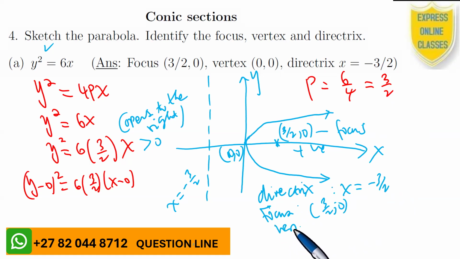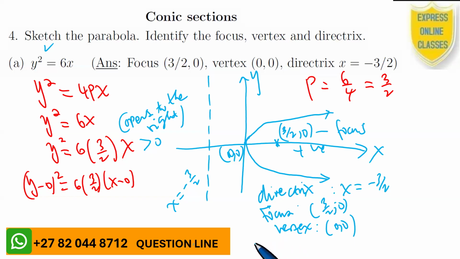Our vertex is the origin. I believe that this is straightforward. It's something that has become so easy to you at the moment.